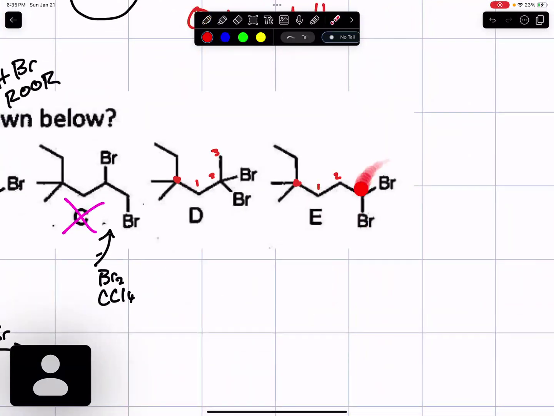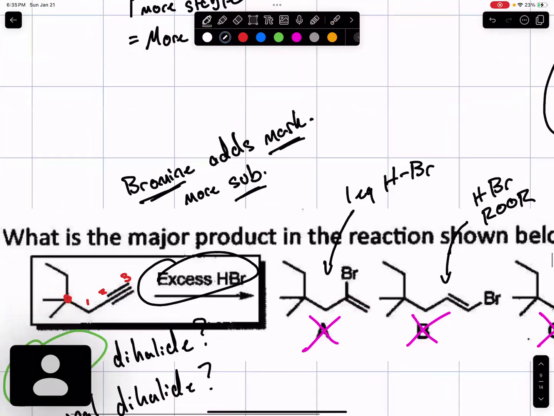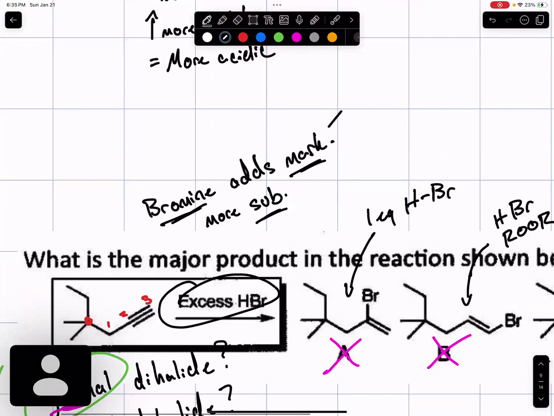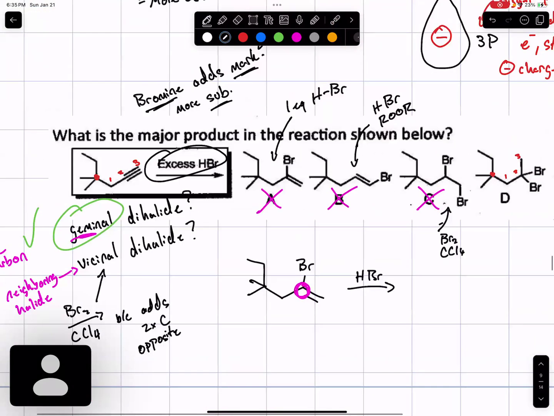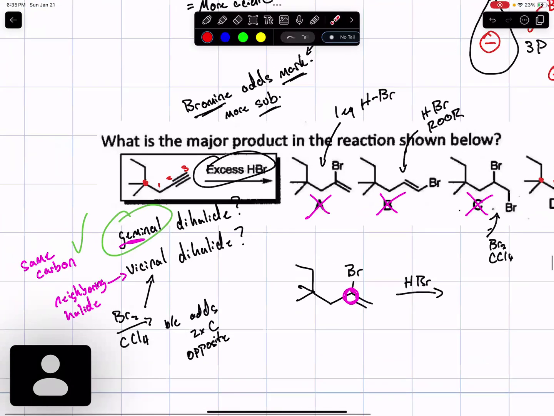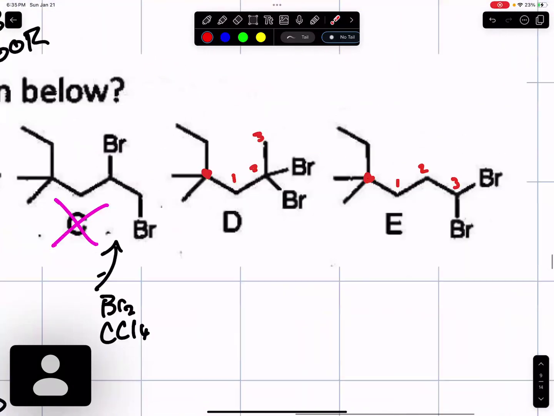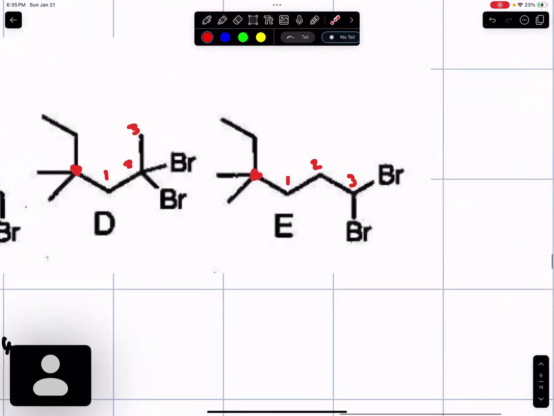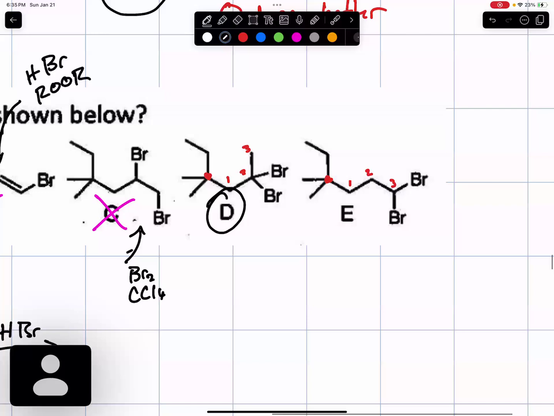But now all you have to understand is what we said in the first step, that HBr adds bromine Markovnikov, to the most substituted side. This would be internally at carbon number 2. Where's carbon number 2? Here's carbon number 2. So we know that our answer would be D.